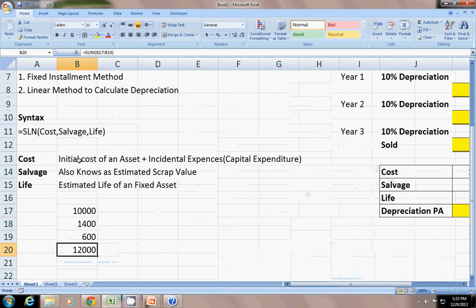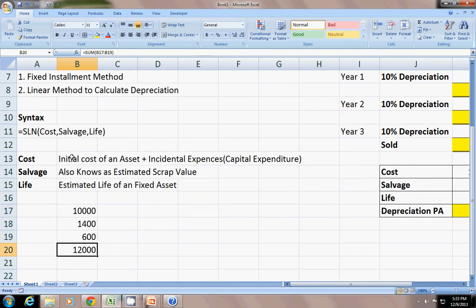So this is the cost of the machinery: the initial cost of an asset plus the incidental expenses incurred in making the machine ready to work. This is the cost at which I have purchased the machinery.